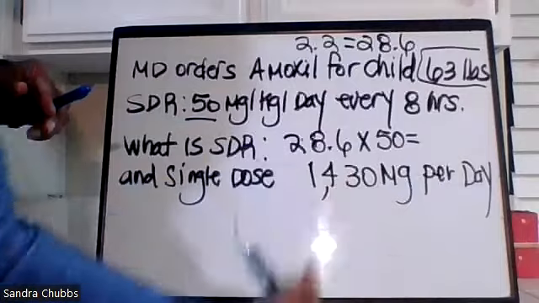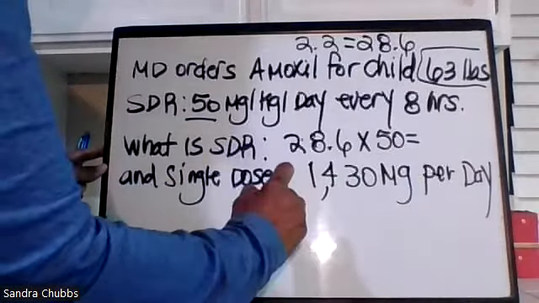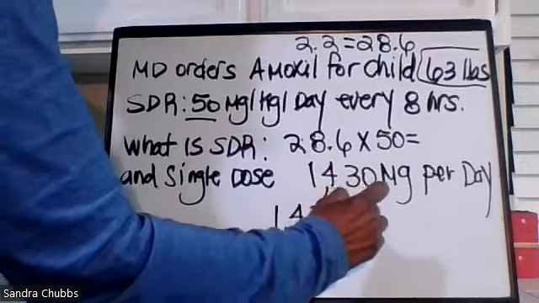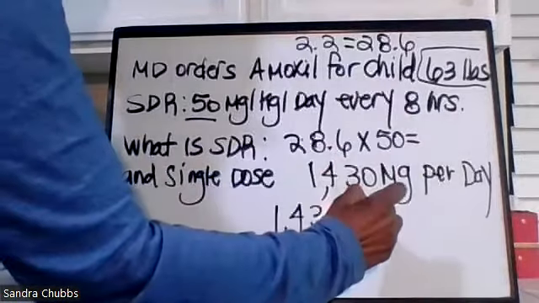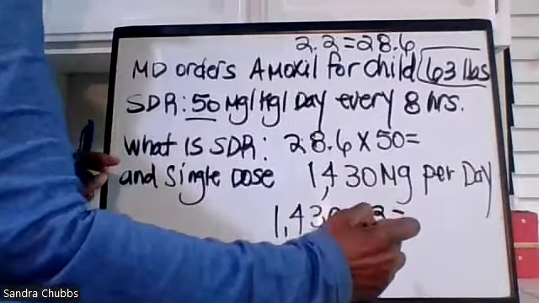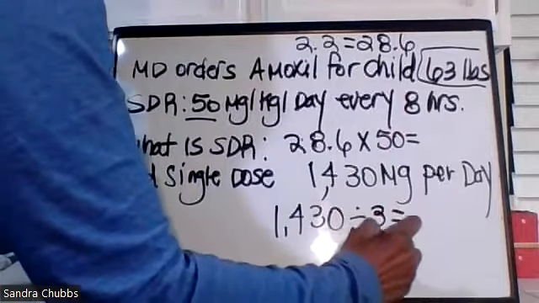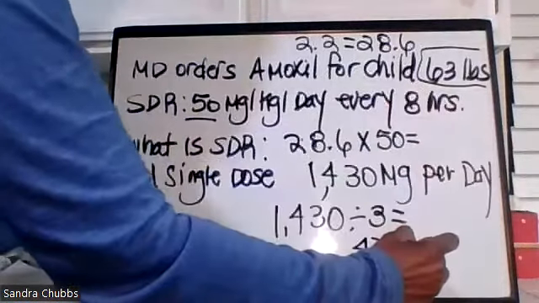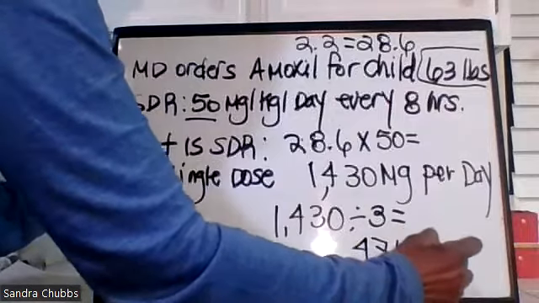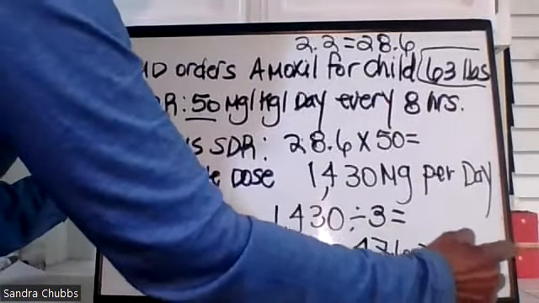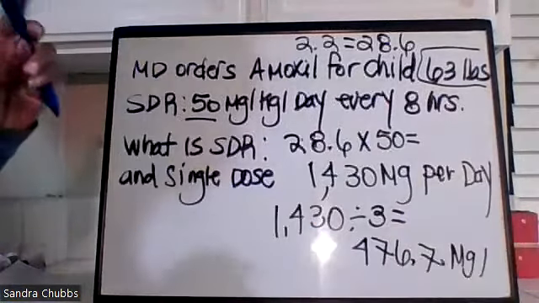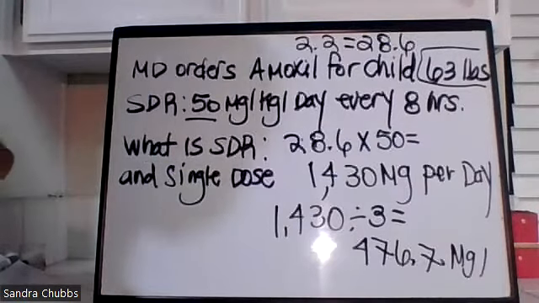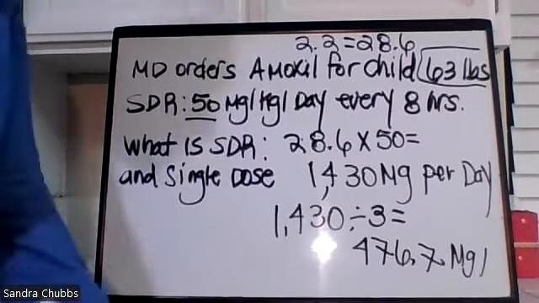So that means we need to break this down a little bit further. We take our 1430 and we divide it by 3. And then our single dose would be 476.6 something, but we round it to the nearest tenth, and it's 476.7 milligrams per dose. So that's the answer for this one. All right.